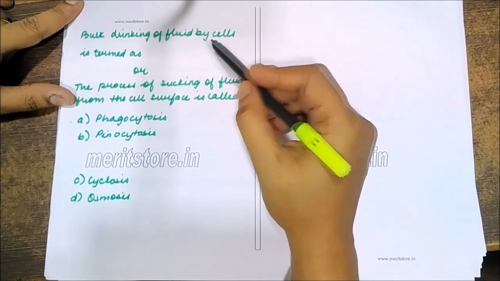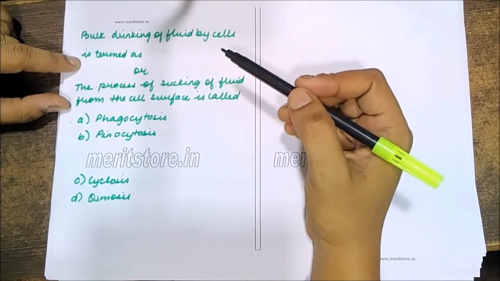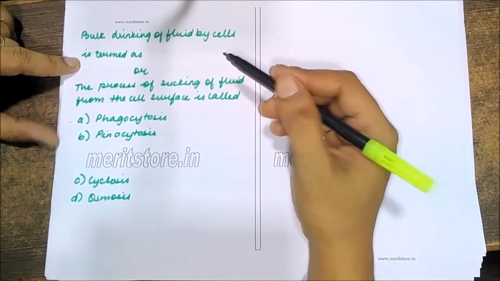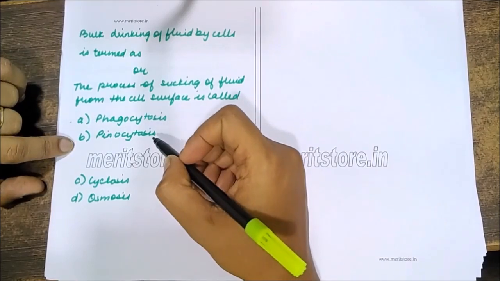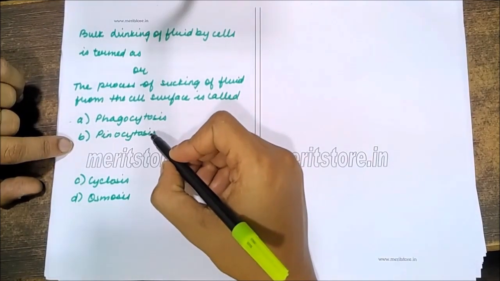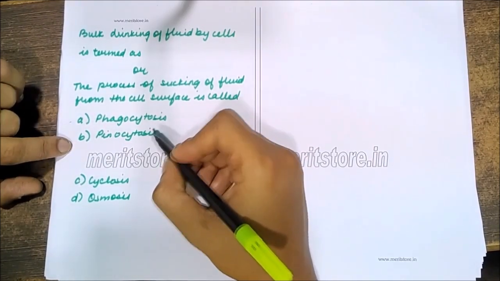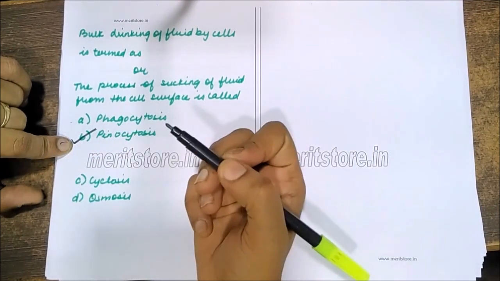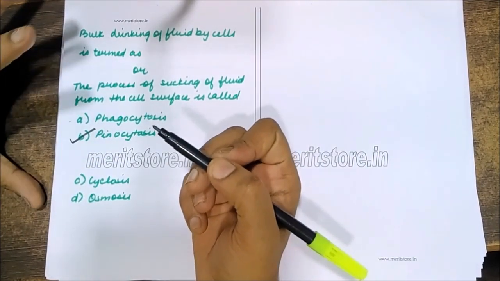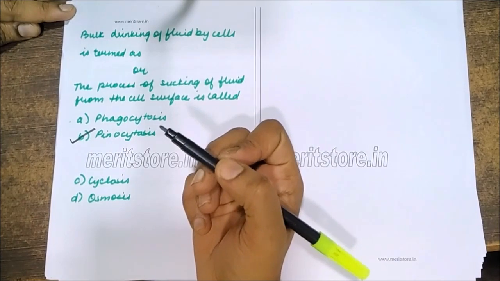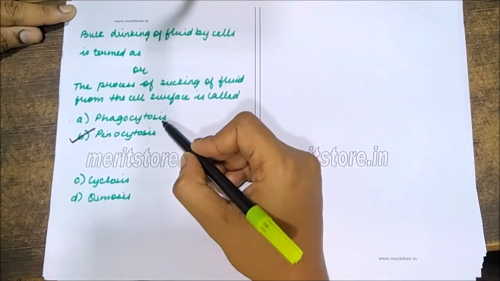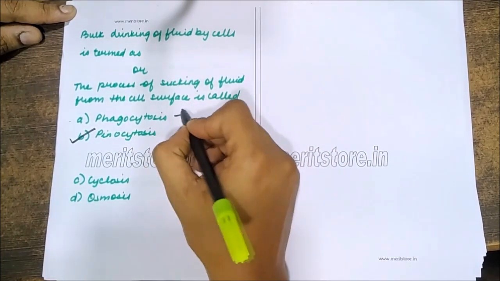Bulk drinking of fluids by cell is termed as, see, fluids, cell drinking or bulk drinking is called pinocytosis. When big food particles are engulfed, that is called phagocytosis. So what is phagocytosis?